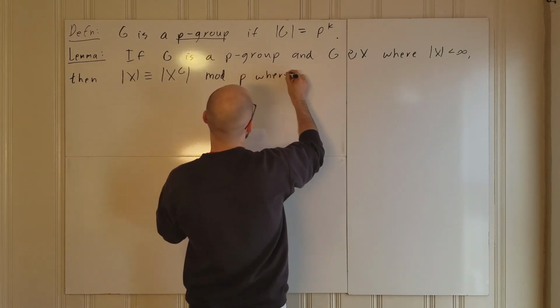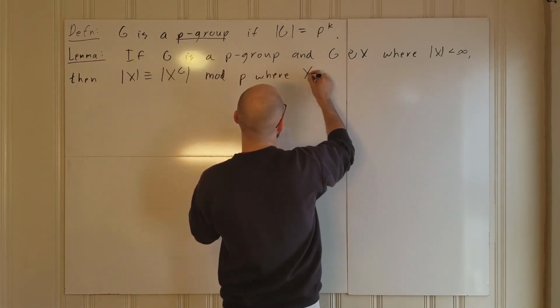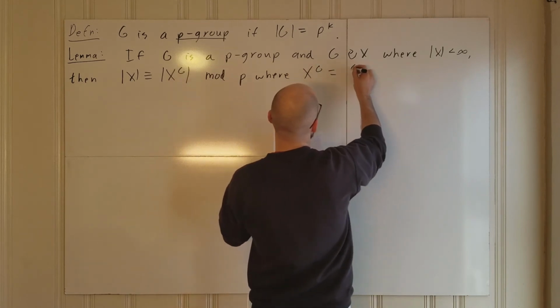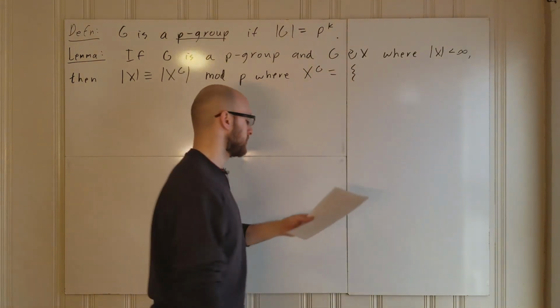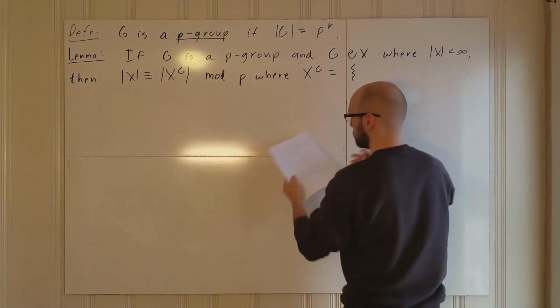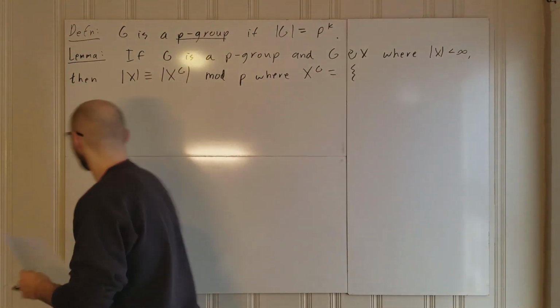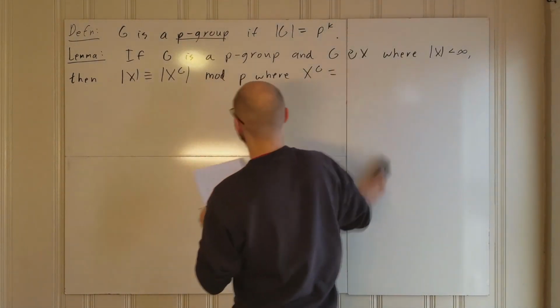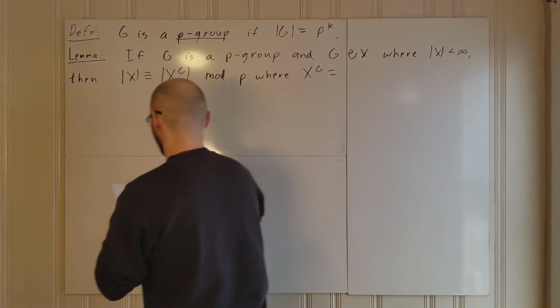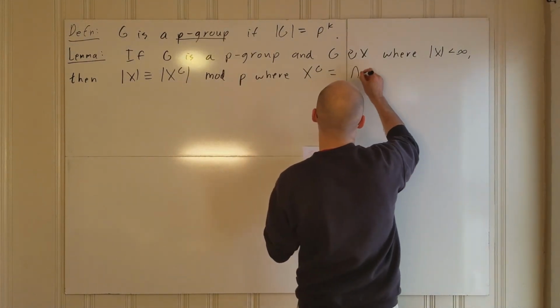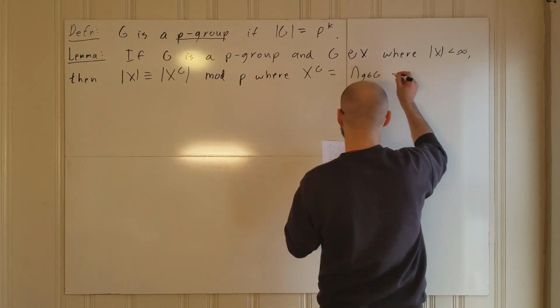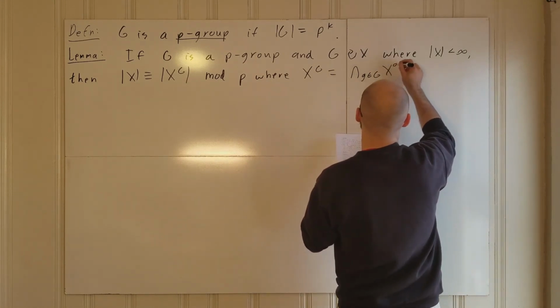Where we haven't defined this set yet. X^G is, you can guess what it would be. Just for the sake of space, I'm going to write this as the intersection over all g in G of X^g.